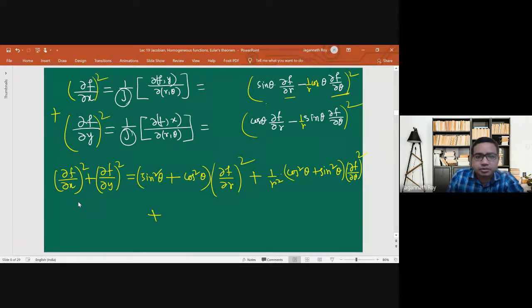What are those terms? 2 sin theta, okay, negative is there, so negative sin theta, 1 by r, del f del r. 2ab, b is here this one, 1 by r cos theta del f del theta.